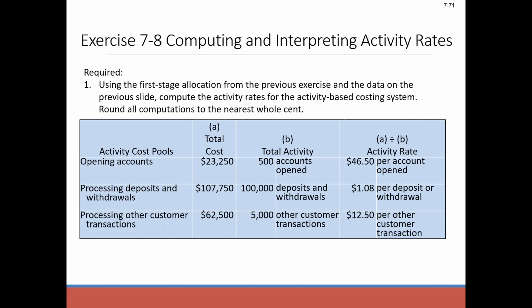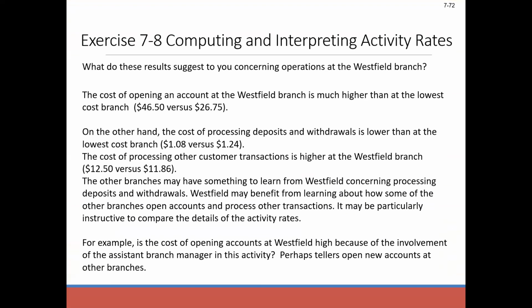With 500 accounts opened, the cost is $46.50 per account opened. We see $1.08 per deposit or withdrawal, and then $12.50 for other transactions. They look higher than what we saw.